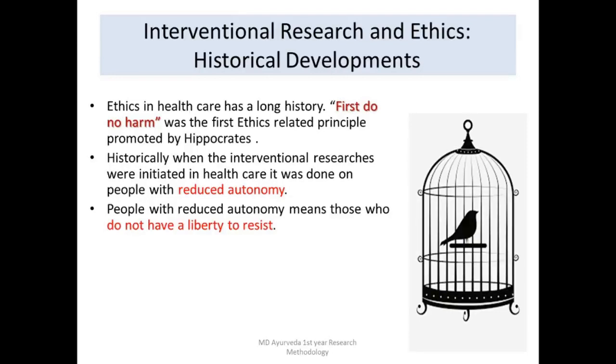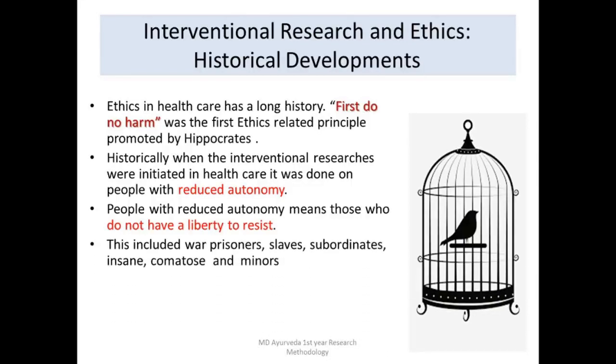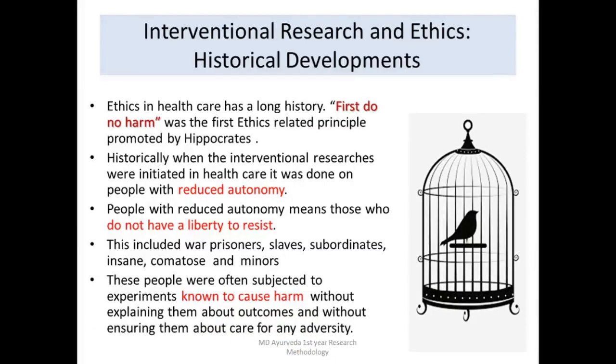It is like a person or animal living in a cage, who does not have the autonomy to reject the propositions given upon him. This category of people with reduced autonomy may be war prisoners, slaves, subordinates, insane people, comatose people, and minors. This also happens with animals in cages.